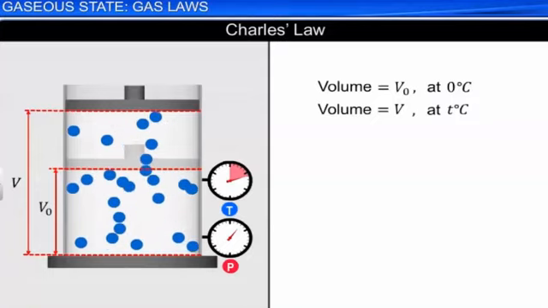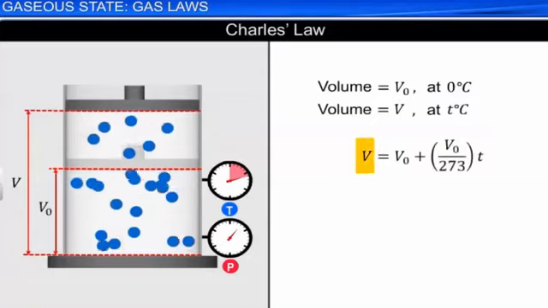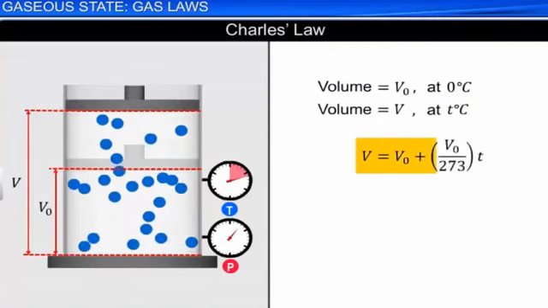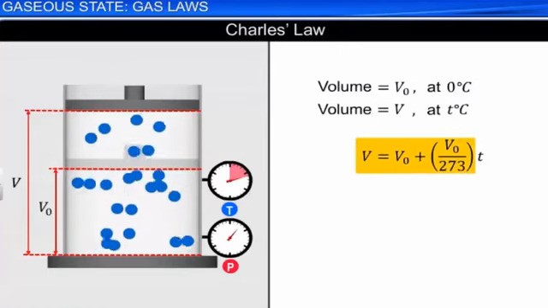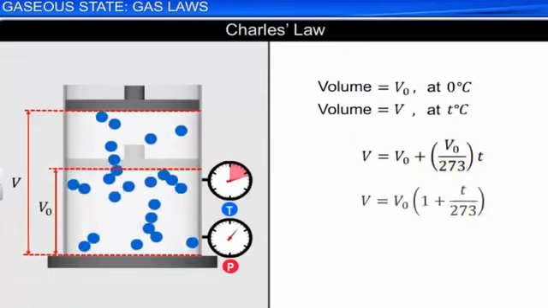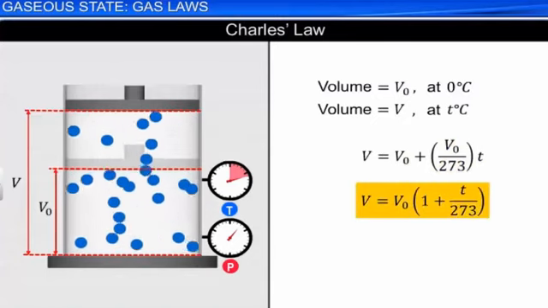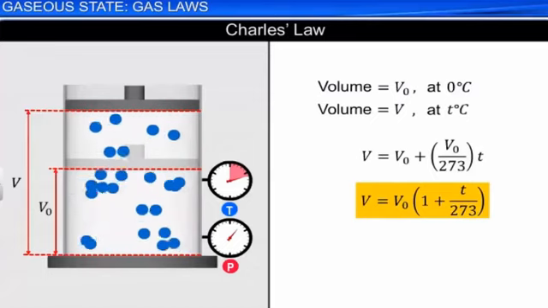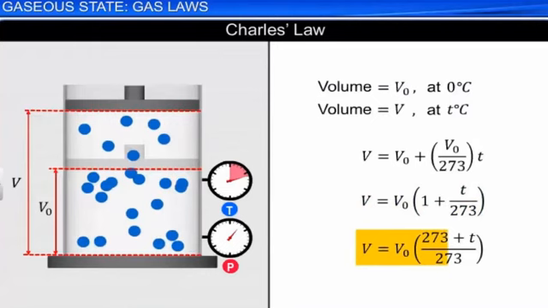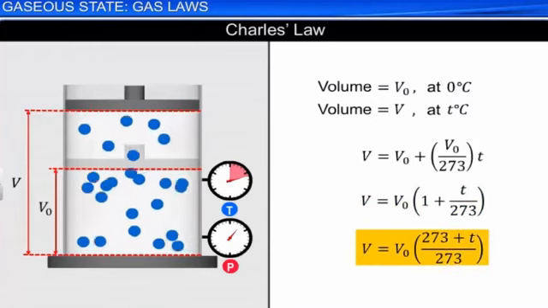Then, volume V at temperature T is equal to V0 plus V0 divided by 273 into T. Or, V is equal to V0 into 1 plus T divided by 273. Or, V is equal to V0 into 273 plus T all divided by 273. Let this be equation 1.